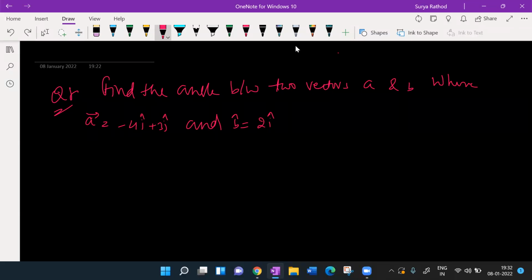All right. So find the angle between these two vectors. Come on.